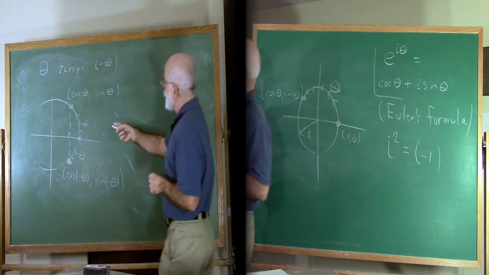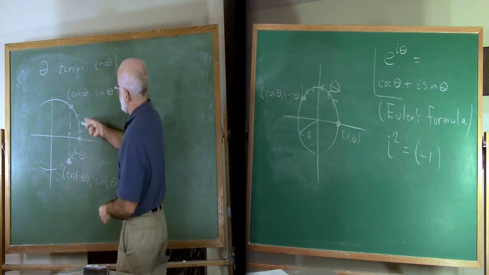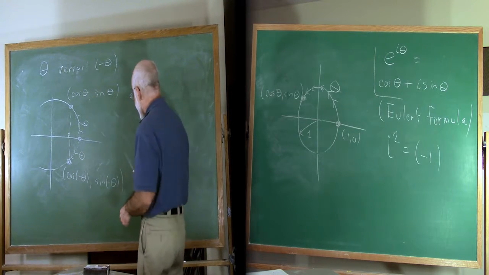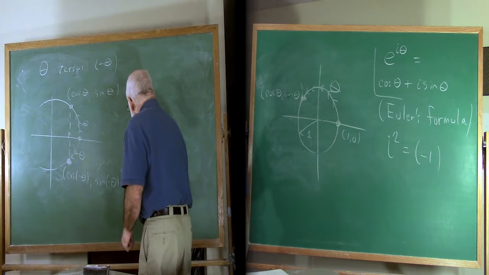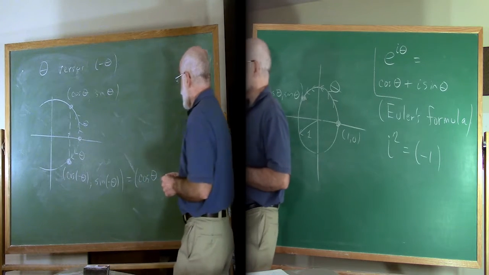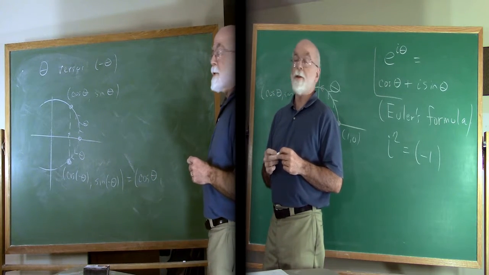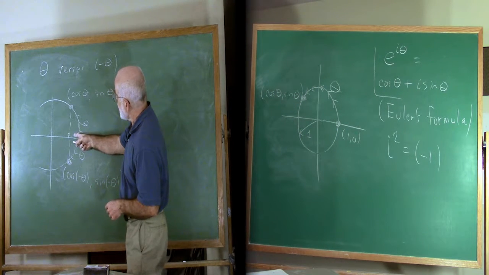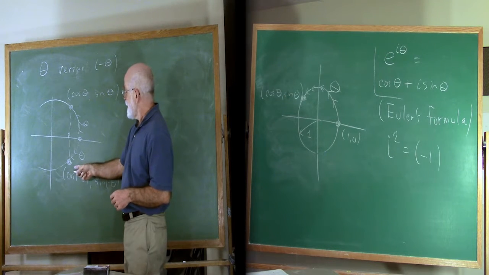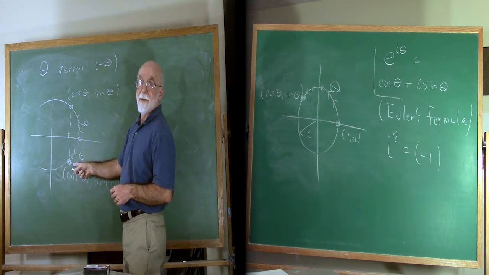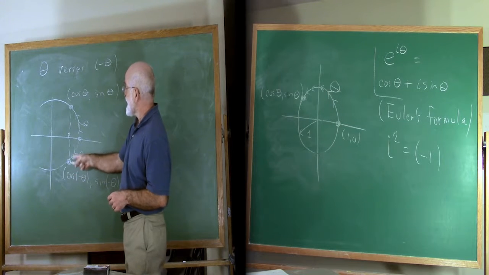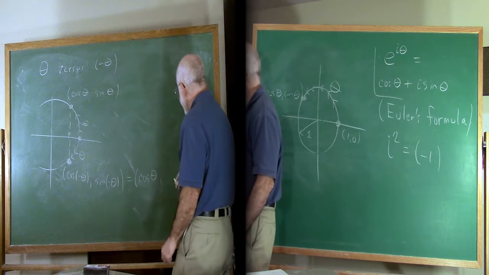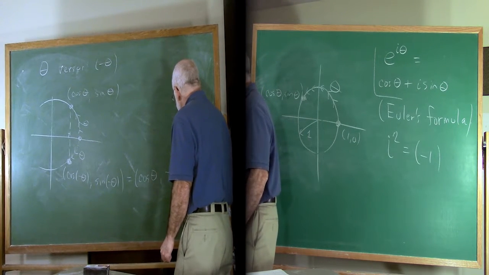But now stare at this picture we drew. When we reflected through the x-axis, the cosine is going to stay the same. It's still cosine theta for the x-coordinate. The y-coordinate, because of that reflection, got negated. The y-coordinate of this point is the negative of the upper y-coordinate. You're going to get a negative sine theta.